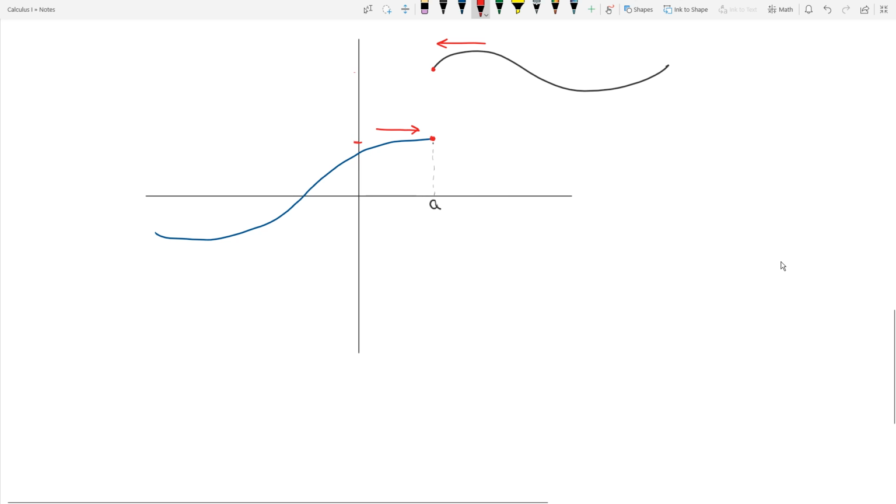We would say that the limit for this graph does not exist.